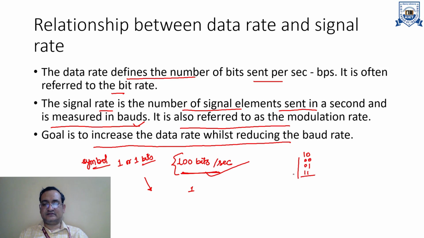In that case, the bit rate will be divided by 4, because there are 4 symbols. So the required baud rate will be 25 baud per second. So definitely it is a reduction of bandwidth.